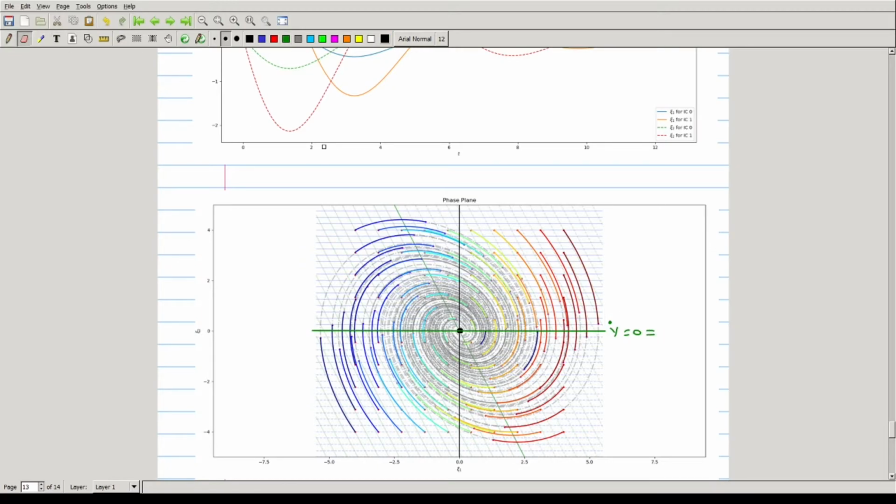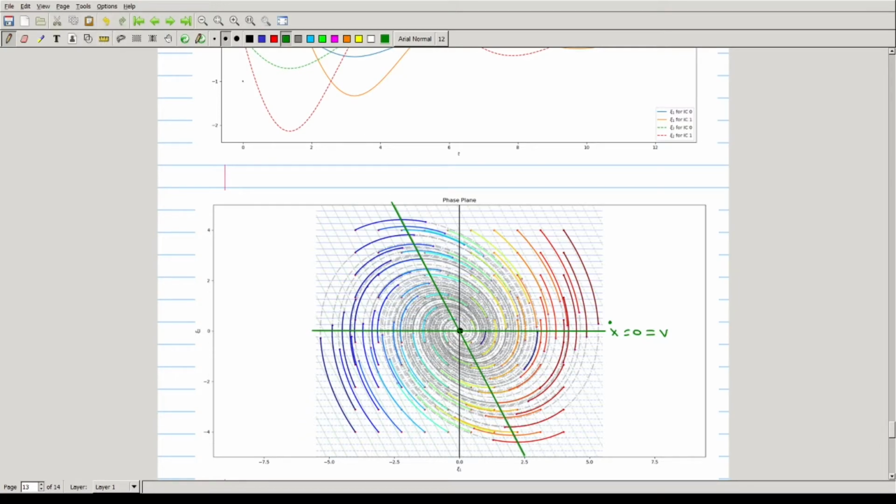Other way around, sorry, the x dot nullcline is when v is equal to 0, and the y dot nullcline is this line right here.